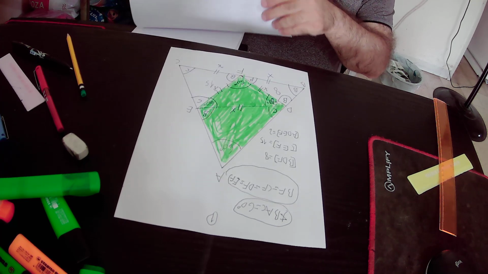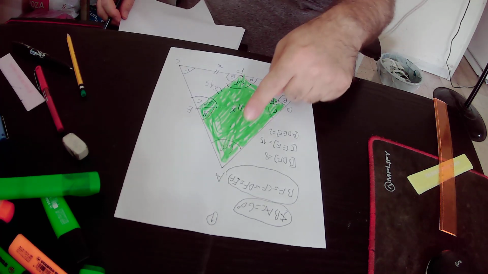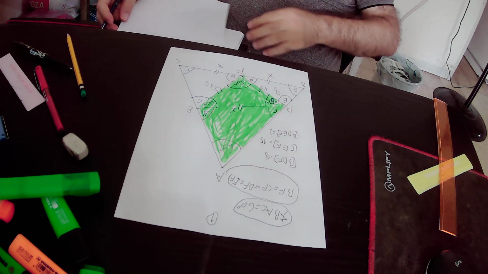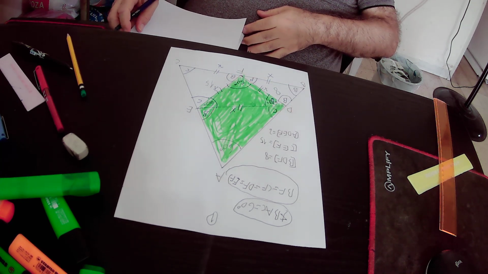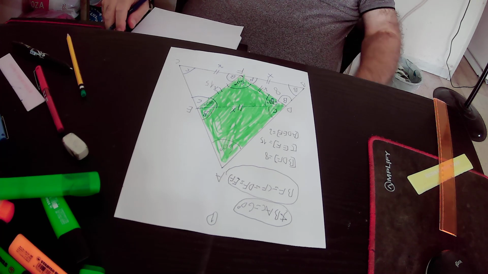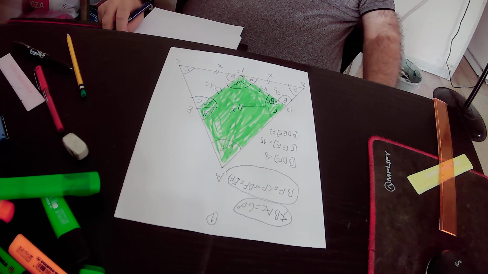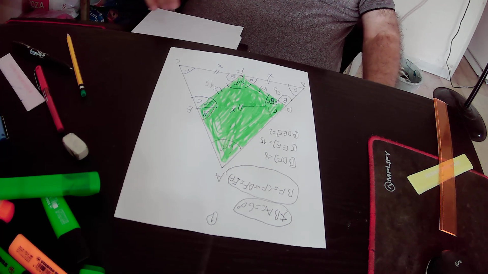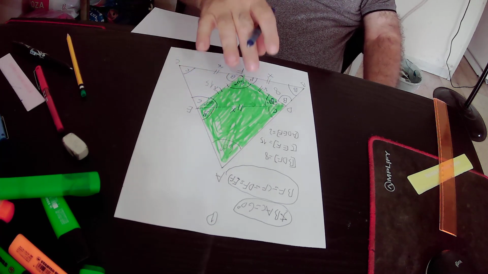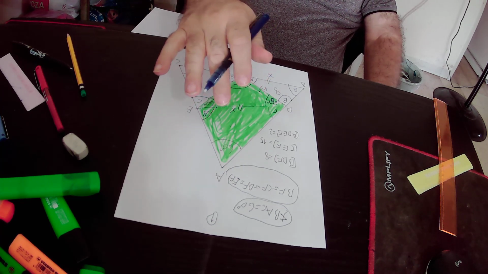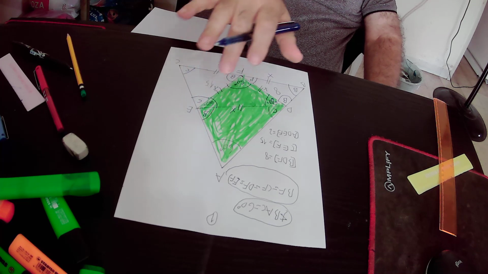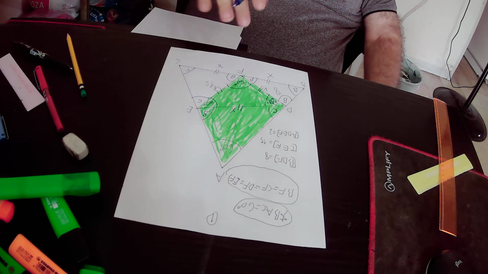And also, this angle that equals 60 degrees is a common angle. It belongs both to the small triangle, triangle ADE, and to the big triangle, triangle ABC.